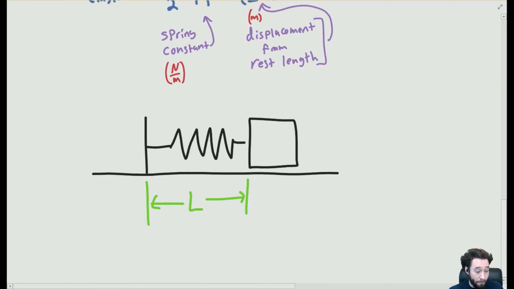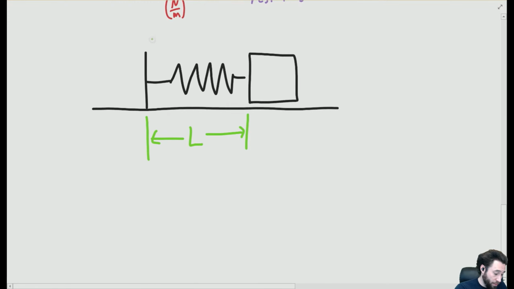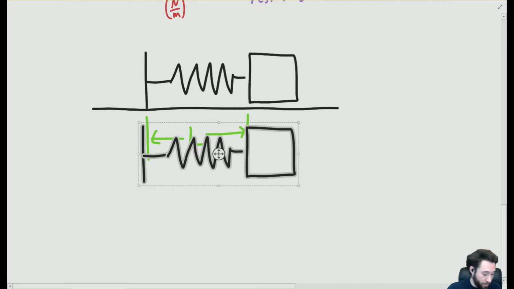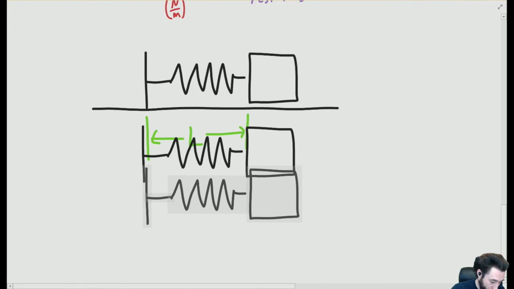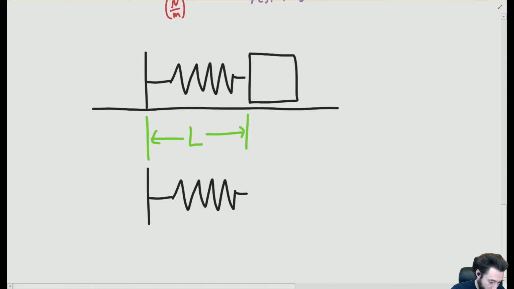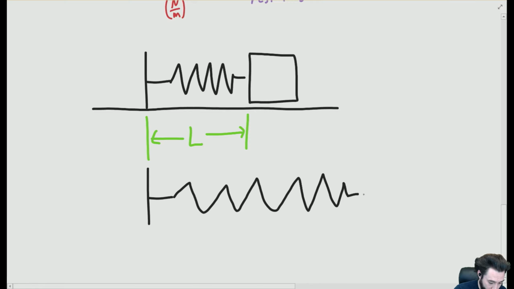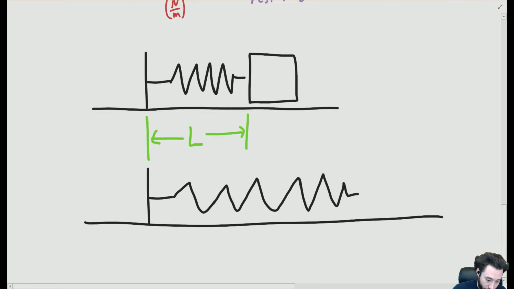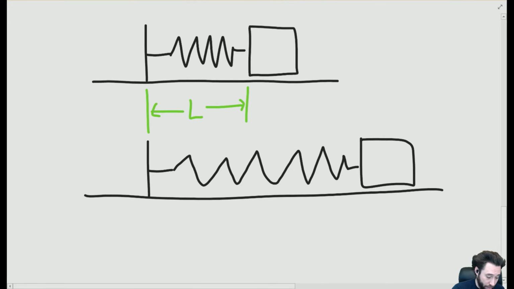Cool. Now, if I stretch this spring, copy, paste. This has a new length like this.